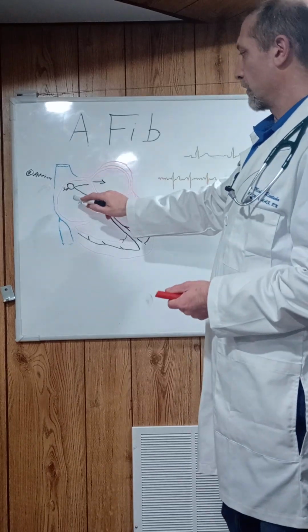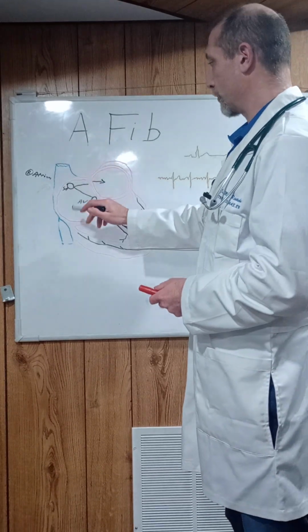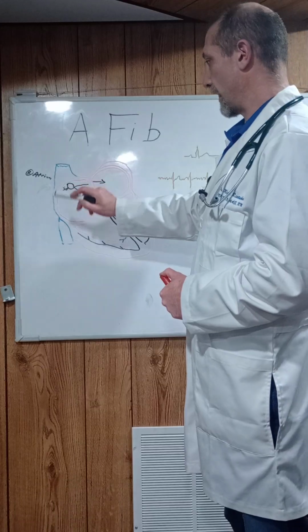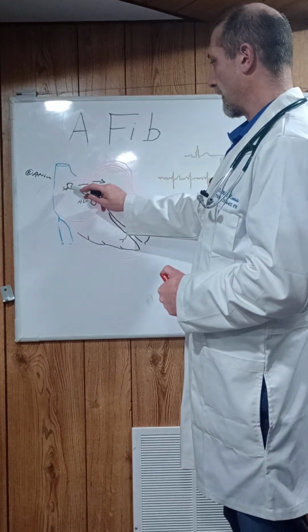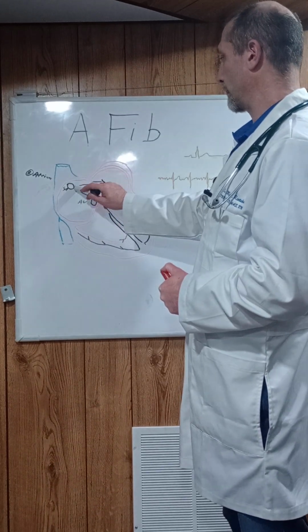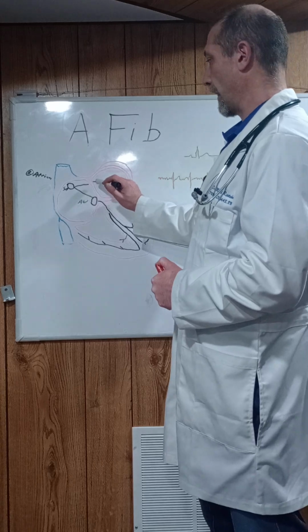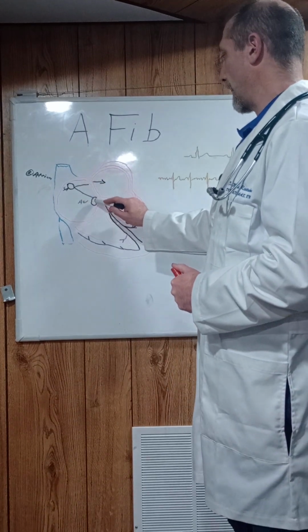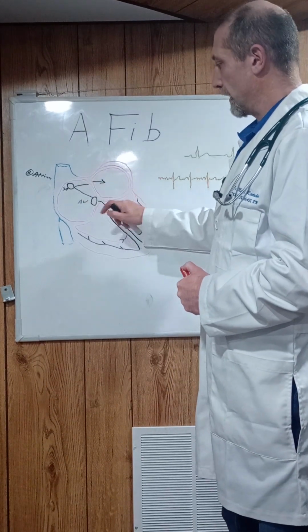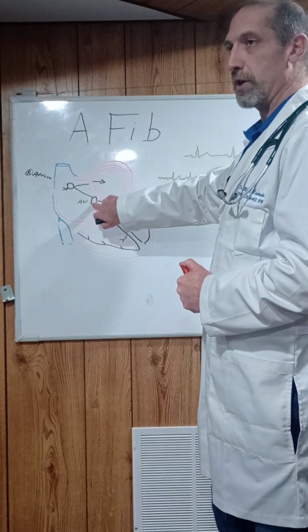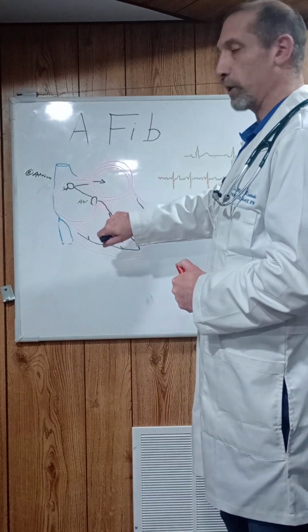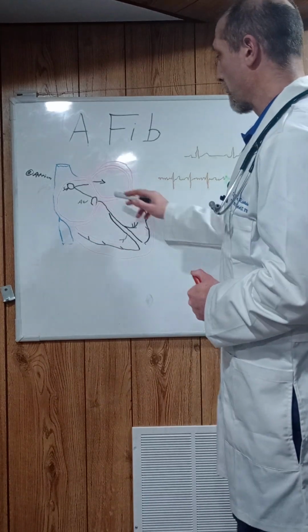Over here, you have your electrical portion of the heart, this being your SA node. It sends a message across both the right and left atrium. Comes down to your AV node. Your AV node is also going to be known as a gatekeeper, and we'll get into that in a second.